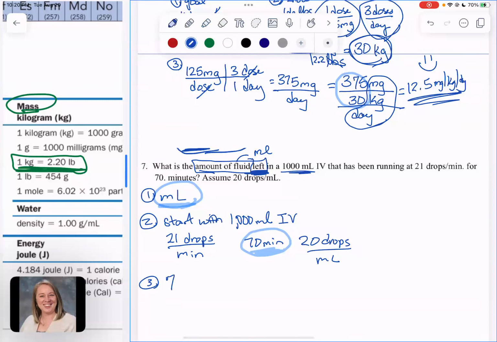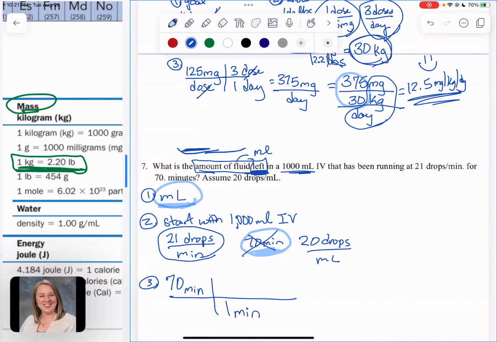I'm going to say this IV has been running for 70 minutes. Okay. And I want to go to milliliters. So where else do I see minutes? Right. I'm going to cross that out because I used it. I see minutes right here. So in 1 minute, I know that I'm going to produce in that IV 21 drops.